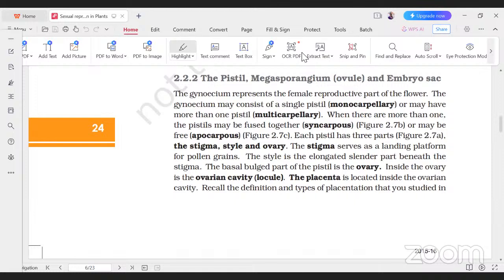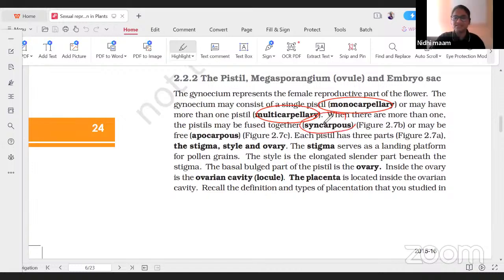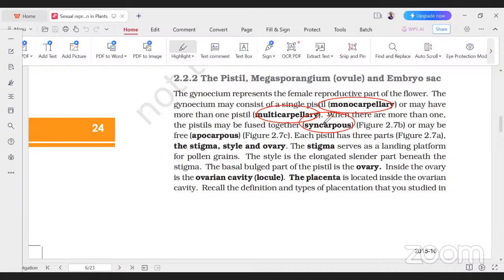When there are more than one, the pistils may be fused together, syncarpous, or may be free, apocarpous. Each pistil has three parts: the stigma, style, and ovary.